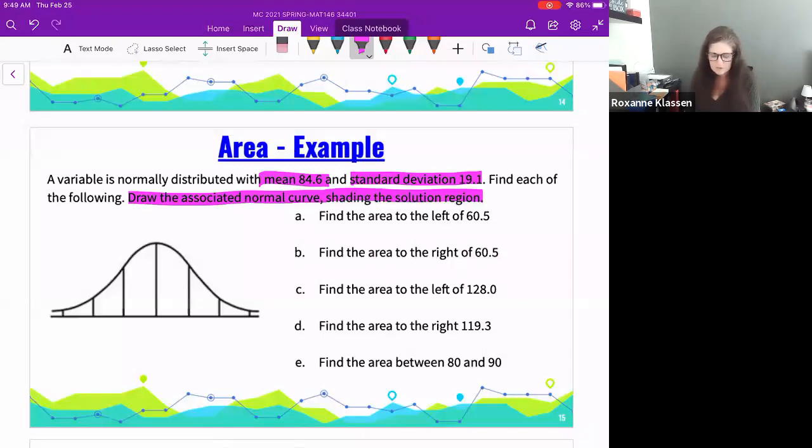Now you don't have to label every single one, but I would definitely label this. So first, label them with your regular numbers and your z-scores. Then we'll do the first one together and then you can do the rest of them. So right now, label these with your x values and your z values. Okay, and then we'll go over that.